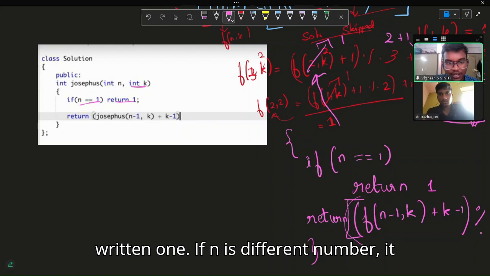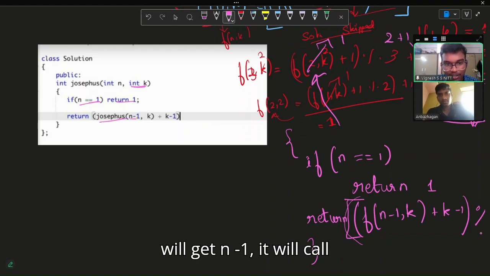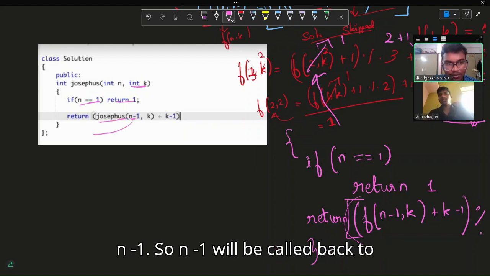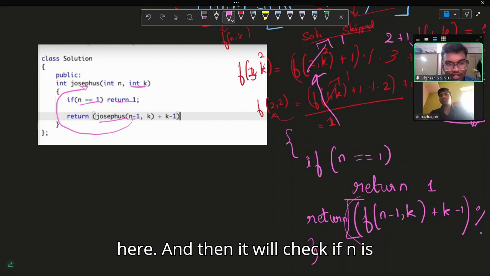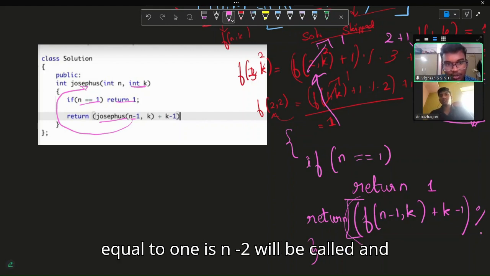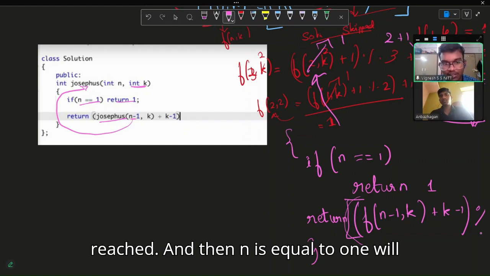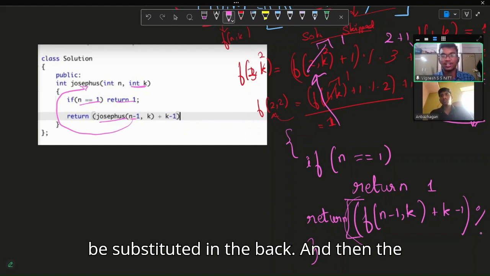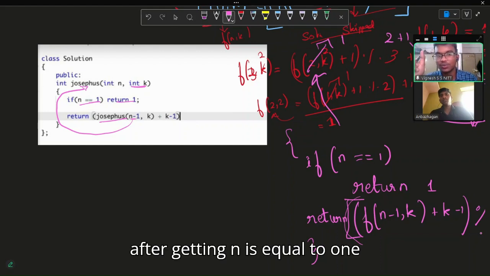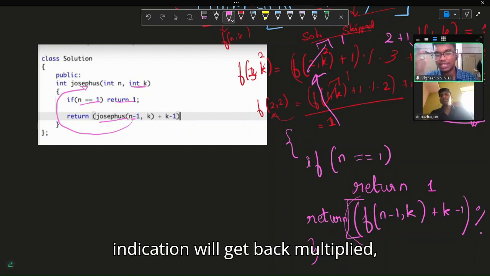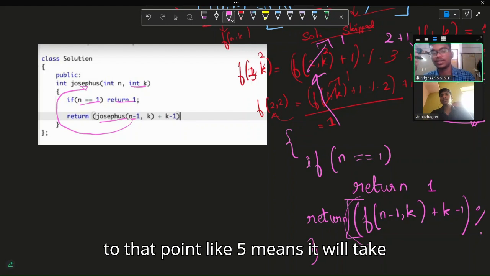If n is a different number, it will call n minus 1. So n minus 1 will be called back to here, and then it will check if n is equal to 1, else n minus 2 will be called, and it will go on until n is equal to 1 is reached, and then that value will be substituted in the back equation, and the equation will work back up to the end point.